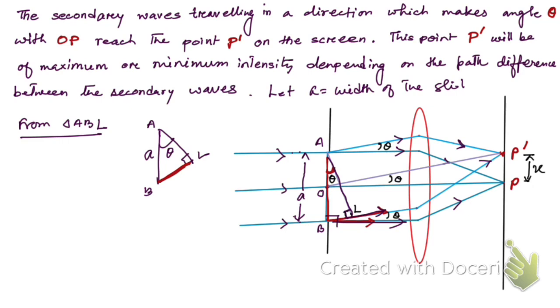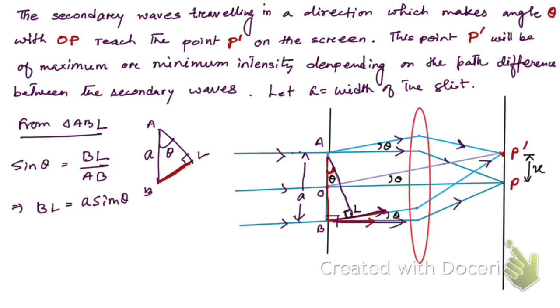Let me write that. Then from here sin theta, we're gonna get BL by AB, perpendicular by hypotenuse, and AB is equal to small a. So here we're gonna get BL is equal to small a sin theta, right? That is the path difference.